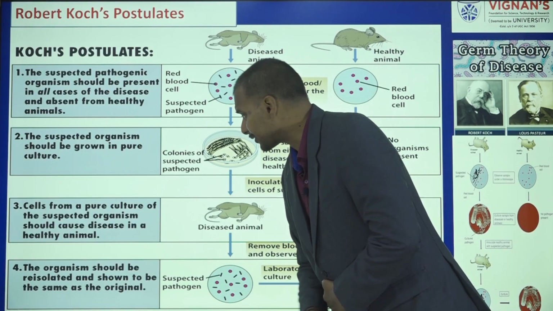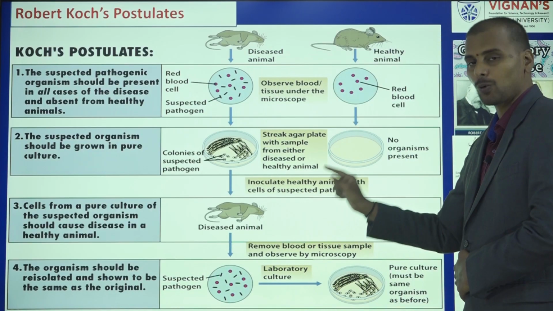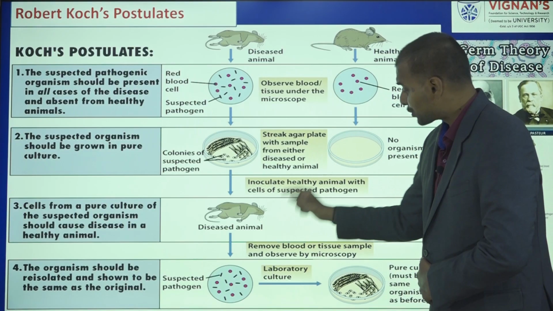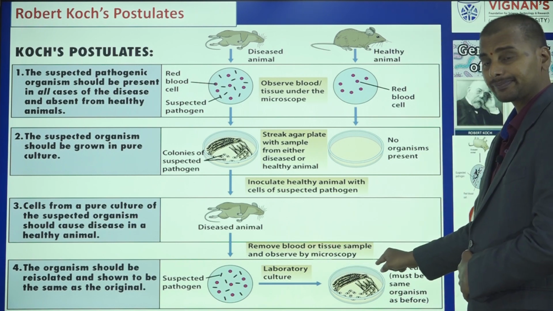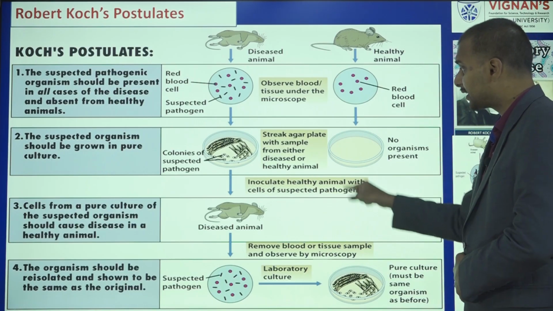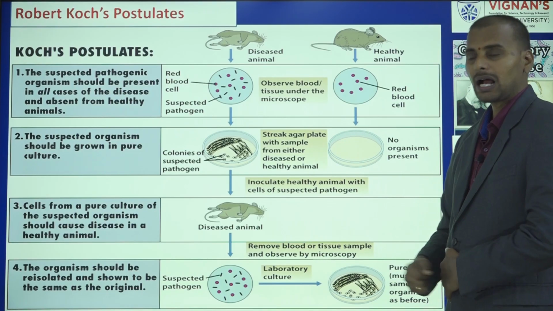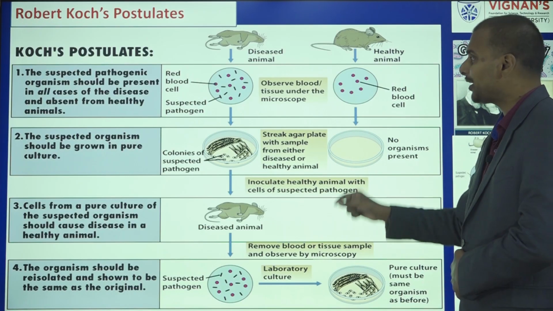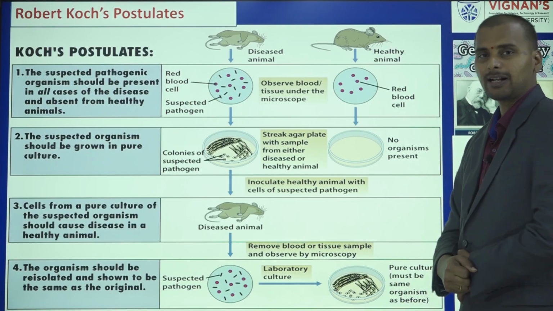The fourth postulate: the organism should be re-isolated and shown to be the same as the original. From this diseased animal, we should be able to prepare the pure colony again when cultured in nutrient agar, and it should be the same as before. Only then can we say this particular disease is caused by this particular microorganism.